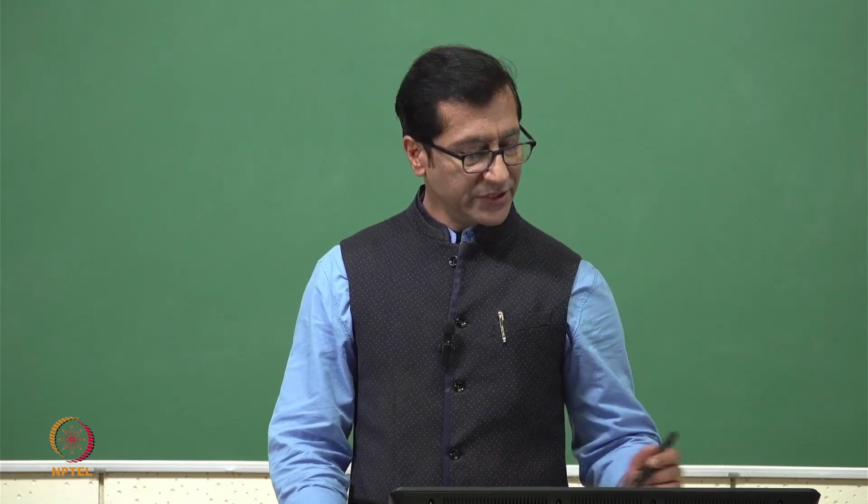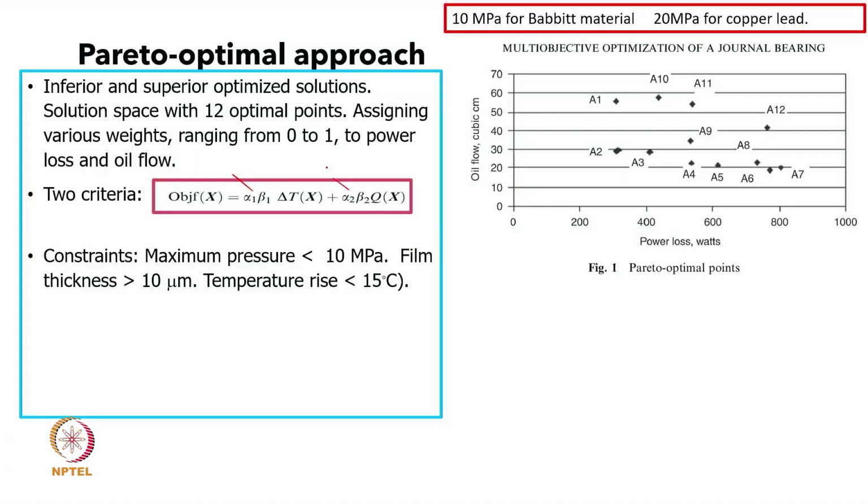Now coming to the Pareto optimal front, as I mentioned, alpha we can vary from 0 to 1 in a number of discrete steps, and then we can maintain some constraint, and these are all optimum solutions. When you solve the problem, every solution is an optimal solution, but here we are trying to minimize the power loss, we are trying to minimize oil flow, and we want the absolute value somewhere over here.